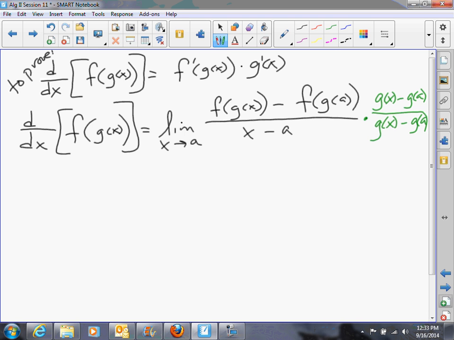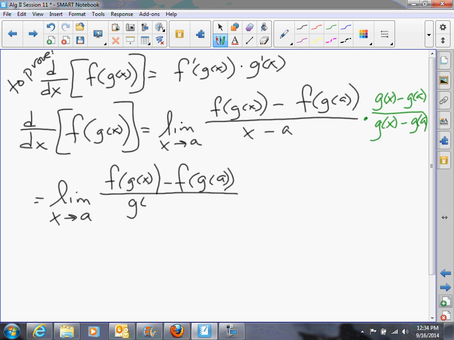And now this becomes the limit as x approaches a of f of g of x minus f of g of a over g of x minus g of a times g of x minus g of a over x minus a.